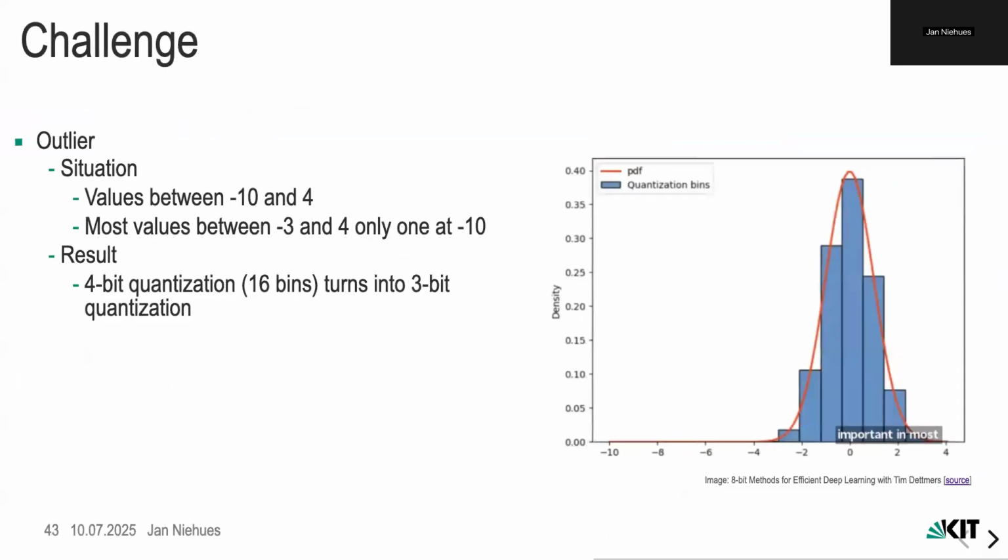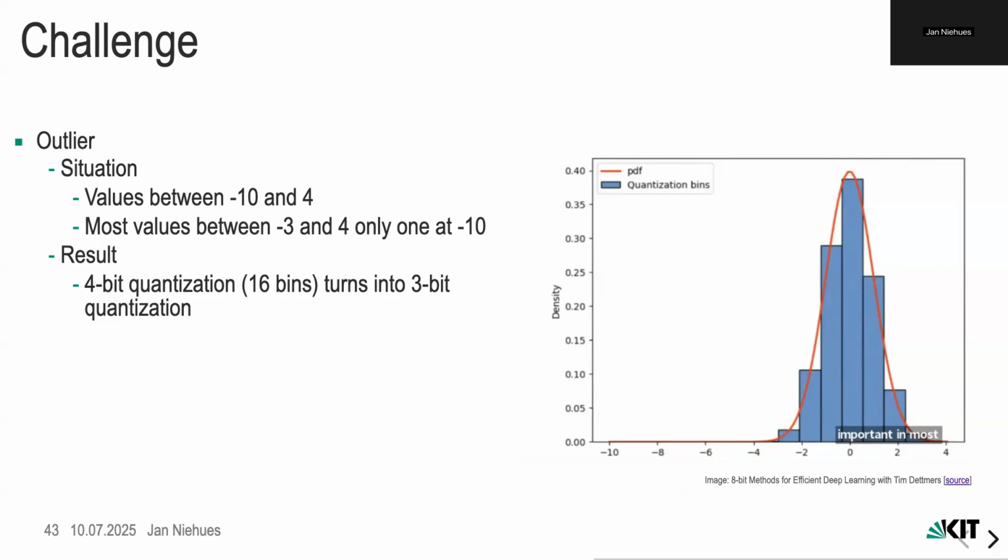So what can typically happen is we might have outliers, and that might make our quantization very ineffective. If, for example, most of your values are between -3 and 4, but there's one value which is 10, then your linear quantization has to cover all values between -3 and 10.